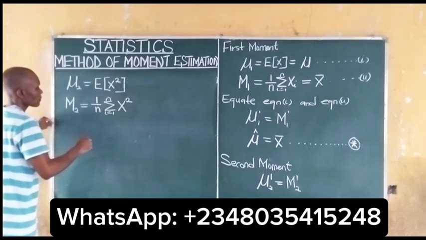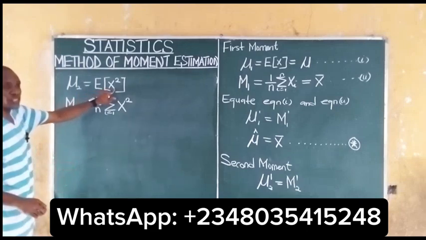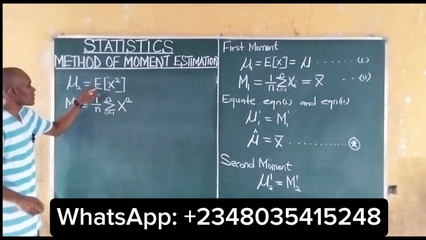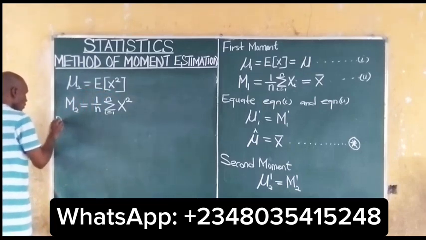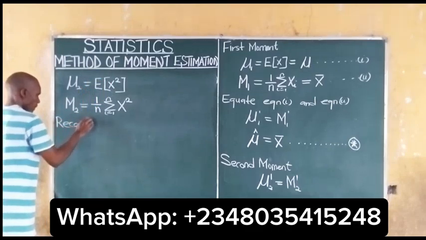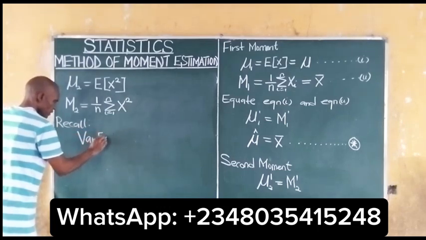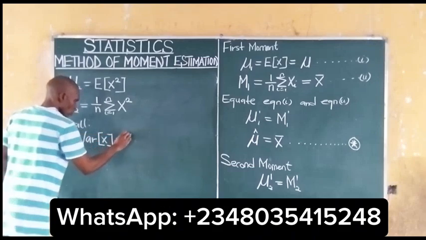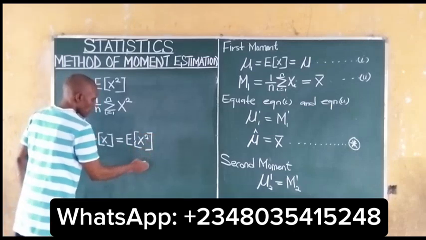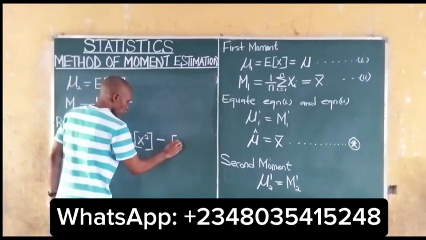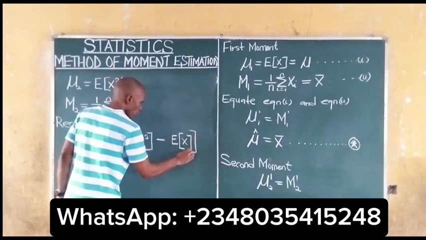Now, we don't know this. So how do we obtain the expected value of x squared? We say recall that the variance of x is equal to the expected value of x squared minus the expected value of x all squared.